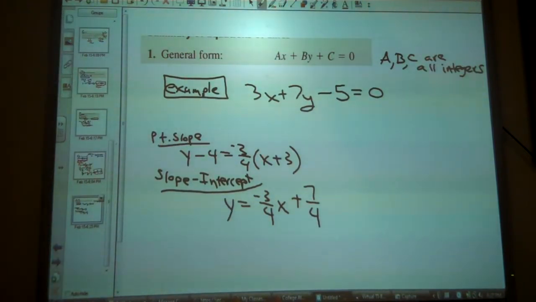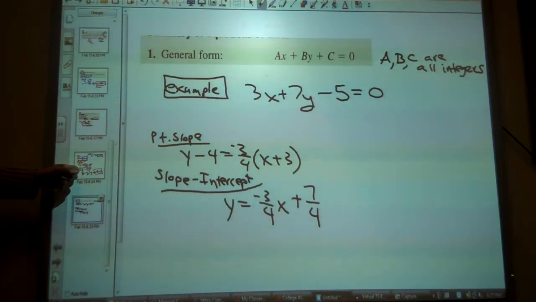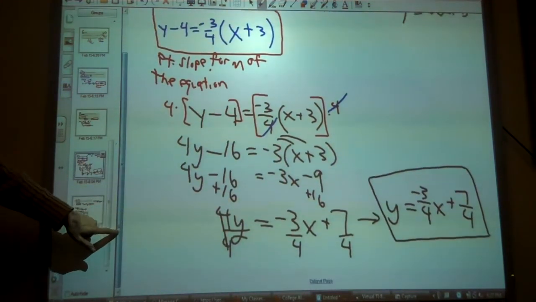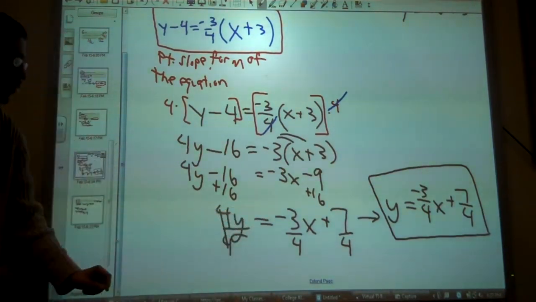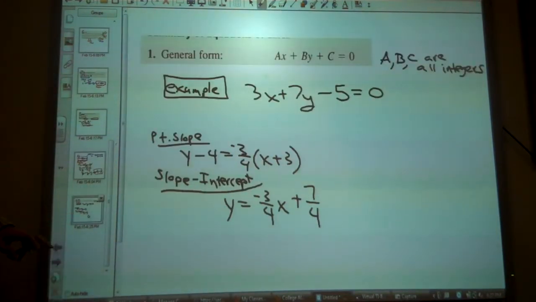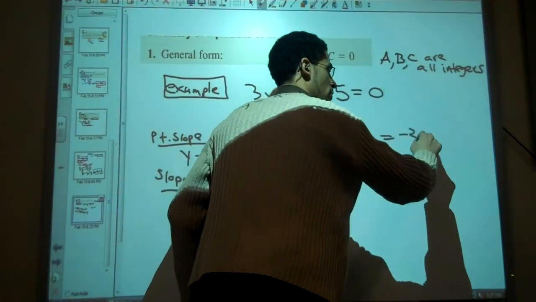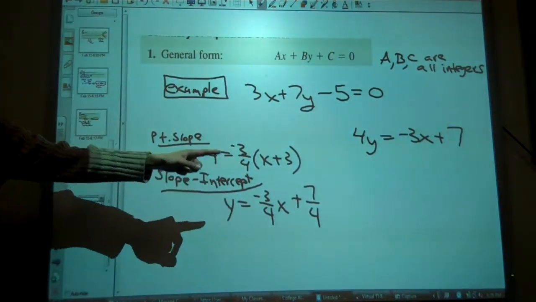Okay, so of course the next thing I want is it in general form. And we were almost there actually. If we go back to this algebra that we were using to connect it to, we were almost there when we had this line here that said 4y equals negative 3x plus 7. Right before we divided by 4, we were right there.